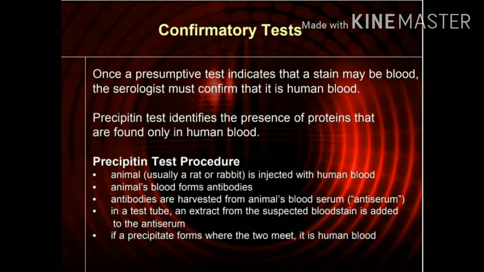For the precipitin test procedure, an animal, usually a rat or rabbit, is injected with human blood, and the animal's blood forms antibodies. Those antibodies are harvested from the animal's blood serum, which is called antiserum, and in the test tube, an extract from the suspected blood stain is added to the antiserum. If a precipitate forms where the two meet, then it is human blood.